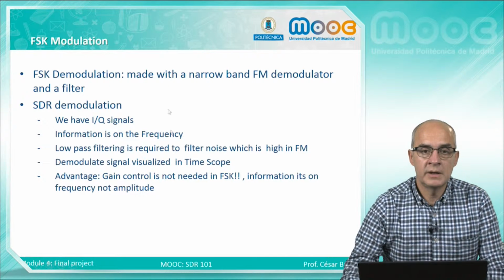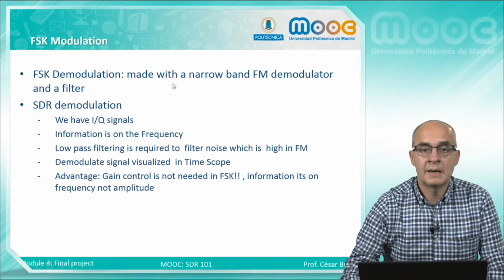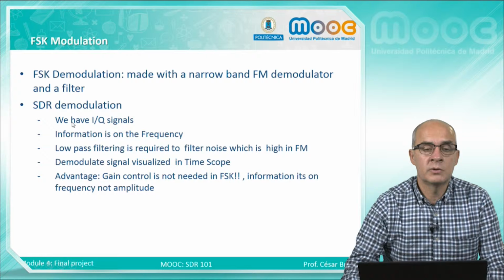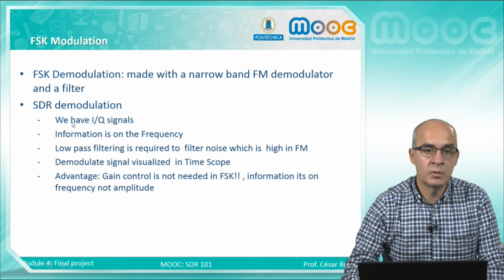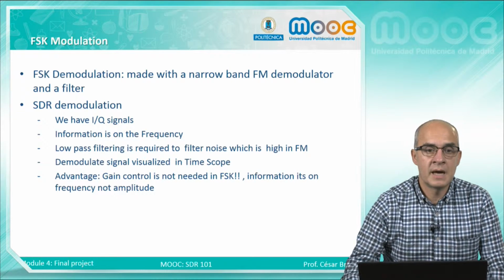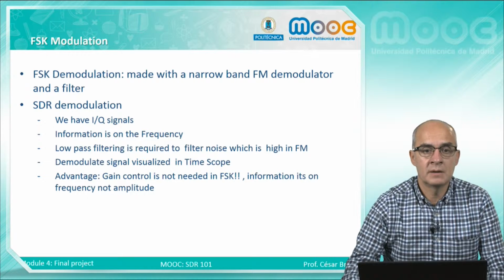We are going to see at this point how to make and how to use the narrowband FM demodulator to demodulate binary data. As we saw before, the SDR demodulator provides I and Q signals as output, and we will use these I and Q signals to demodulate the information.